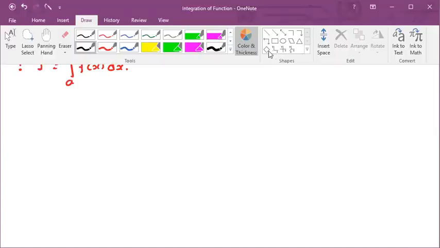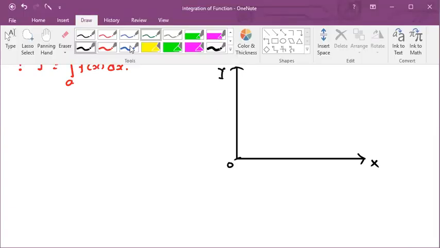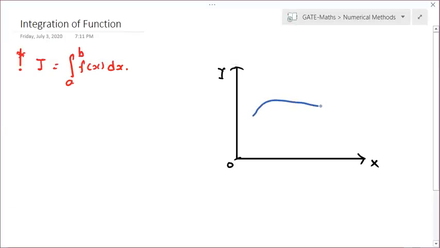If I am telling that I is equal to integration a to b f of x dx, what is its meaning? Suppose this is my function. Here this is my x-axis, y-axis, this is our origin. Now our function, this is y equal to f of x, one function.